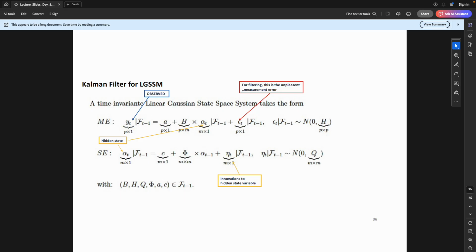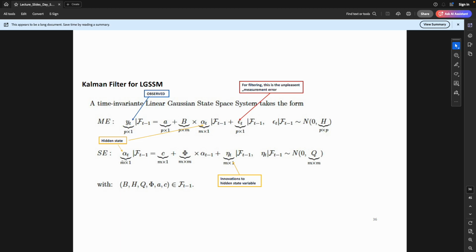Again, we have yt equals A plus B times alpha. That's the information, but then it's contaminated by noise, epsilon t. And epsilon t is a Gaussian distribution centered around 0, with covariance matrix H. The unobserved state alpha, which you see here, affects the first moment of y.